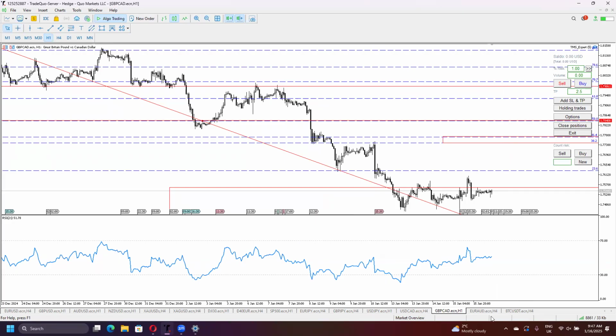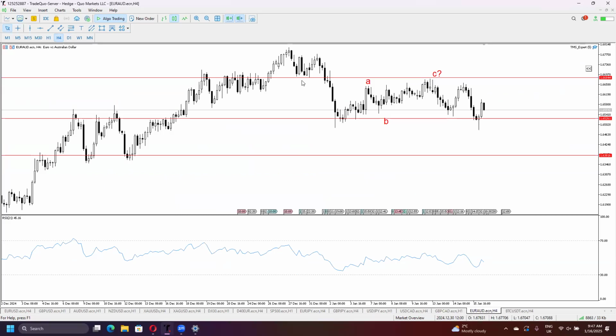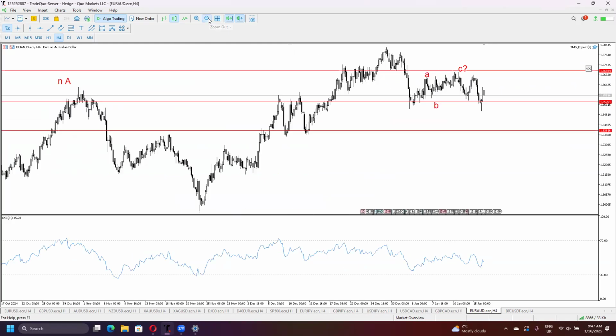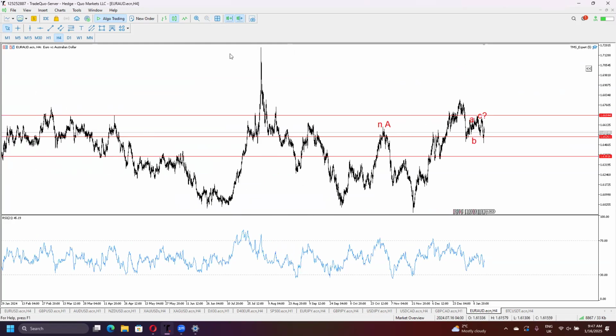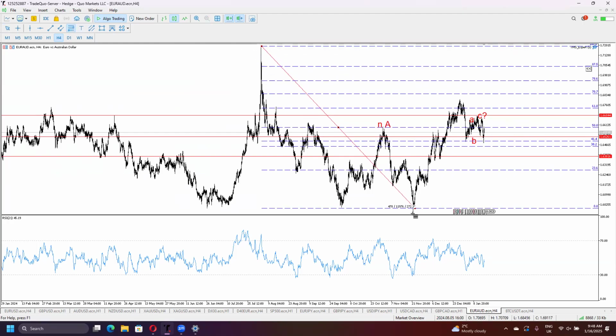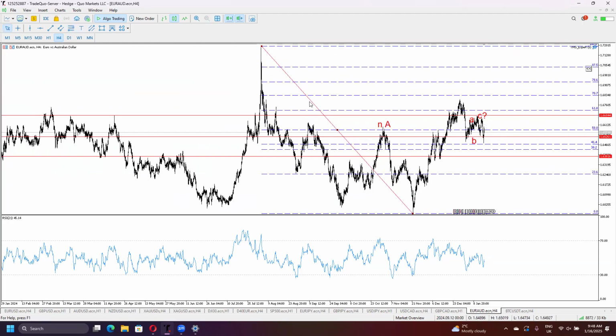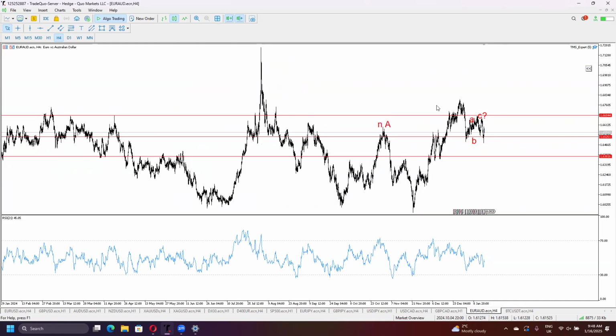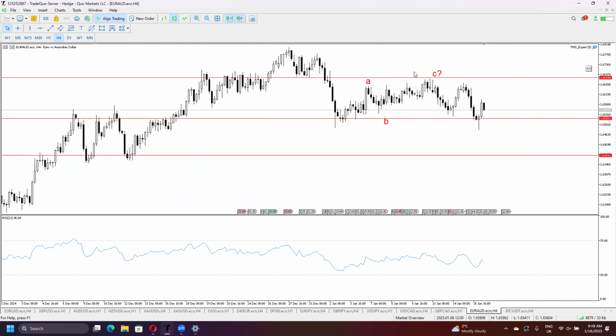And the last one on our list is Euro Audi. So the quick reminder, the price from one side, if we talk about sell, came to the level of 61.8, created the candle formations, fell down, created an overbalance shape of the correction.